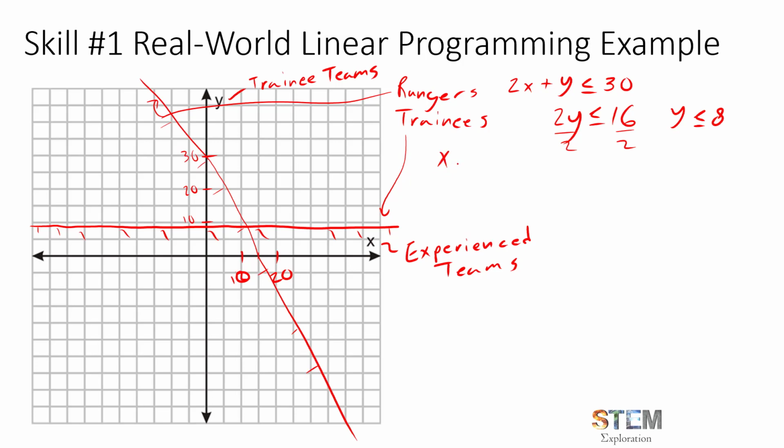So we're just going to say x is greater than or equal to 0, and y is also greater than or equal to 0. And so that gives us a constraint here, a constraint there, and require us to shade this region. All right, so this whole thing right here is going to be the region that we shade. All right, and this is going to be our feasible region.